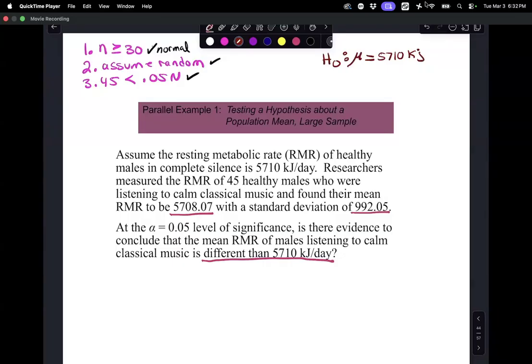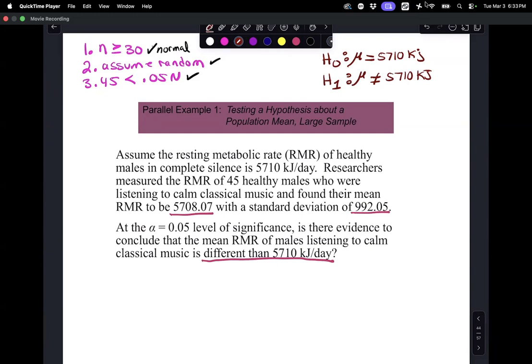So mu is equal to 5710 kilojoules. Alternative hypothesis: mu is not equal to 5710. Remember that that number is always the same, only the symbol in between changes. Since it says different, this is not equal to.